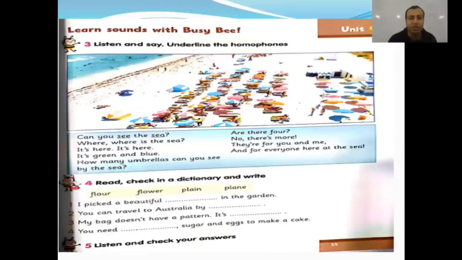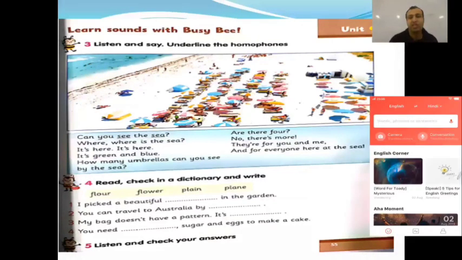How many umbrellas can you see by the sea? Are there 4? No, there are more. There for you and me, and for everyone here at the sea. So did you underline the homophones here? Perfect.